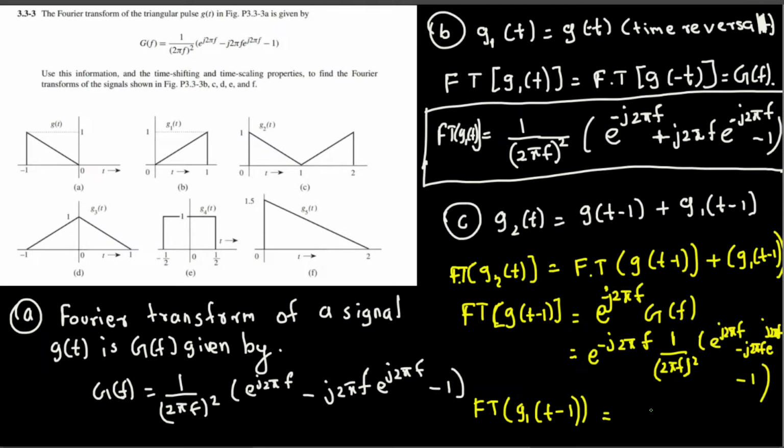You put the same factor, e^(−j2πf), and here we have named this one G(f), so this is G(−f), because we did a time reversal over here. So this is basically equivalent to this one, this is G(−f).